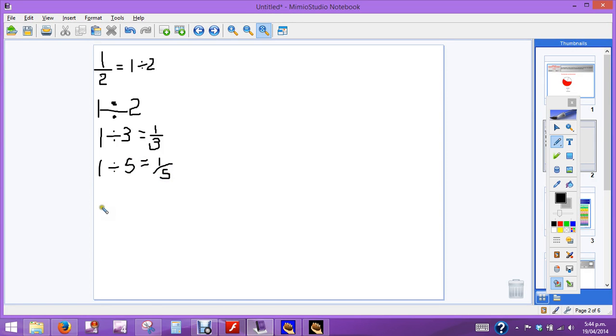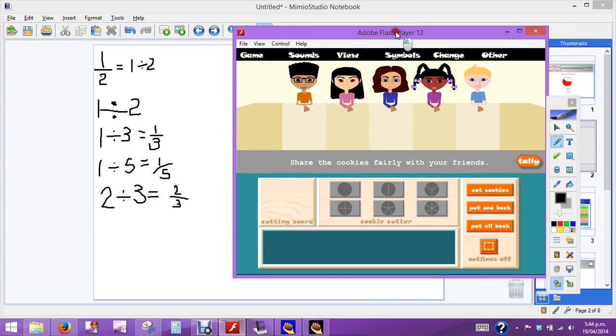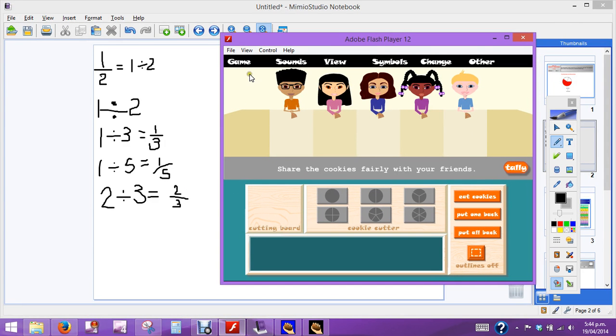Now, what if I had 2 cookies between 3 friends? According to this pattern, they should get 2/3 of a cookie each. So let's see how that works out. Let's make this thing smaller so we can see it next to the equations at the same time.